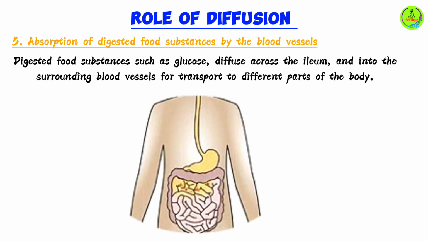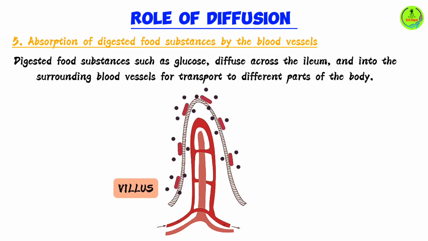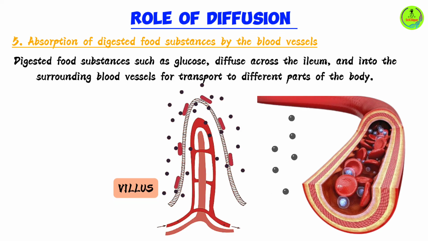Once digestion is complete, you're going to have these nutrients at a higher concentration within the ileum and at a lower concentration in the surrounding blood vessels. So what happens next? Diffusion. The food substances are going to diffuse from the ileum across the thin membrane and into the blood vessels, where they will be transported to different parts of the body.